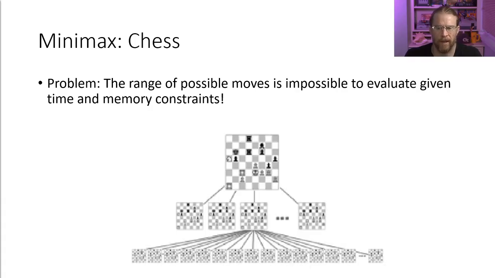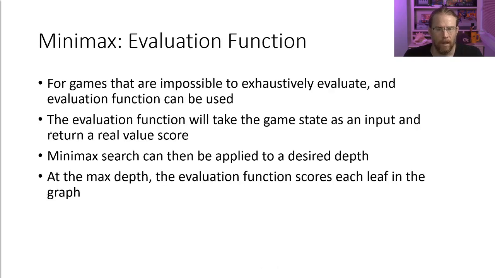So how might we deal with this problem? For any game such as chess, where you are just unable to exhaustively evaluate all the way until the end, a common approach is to create an evaluation function.